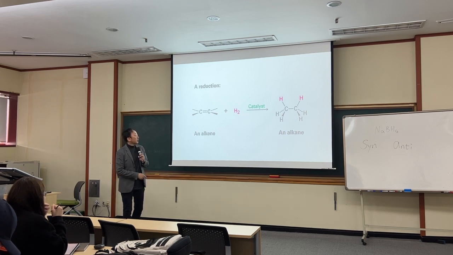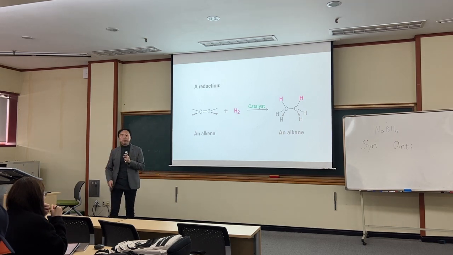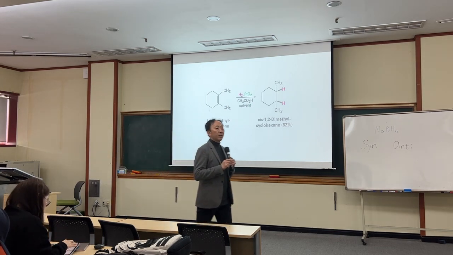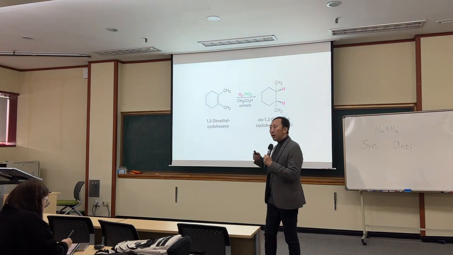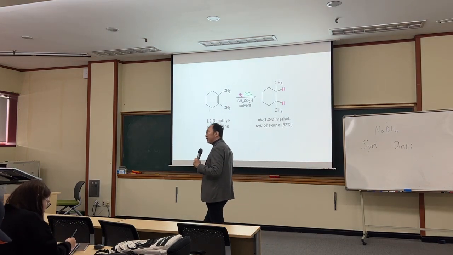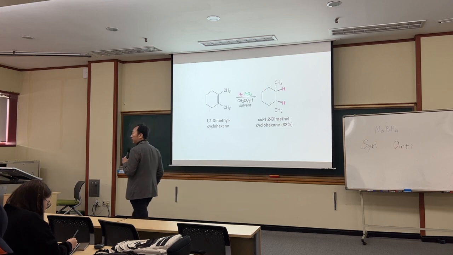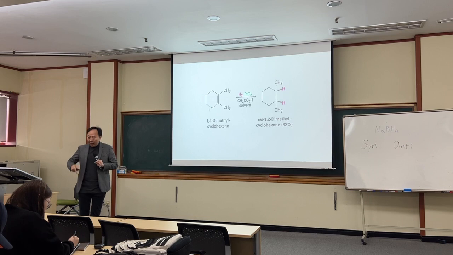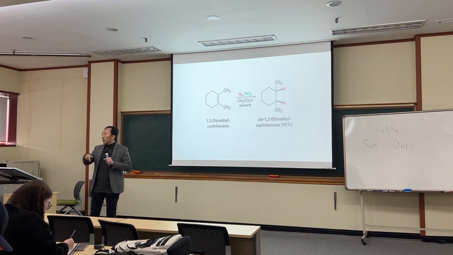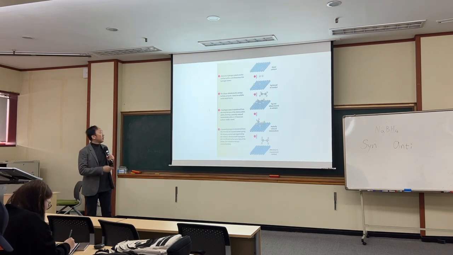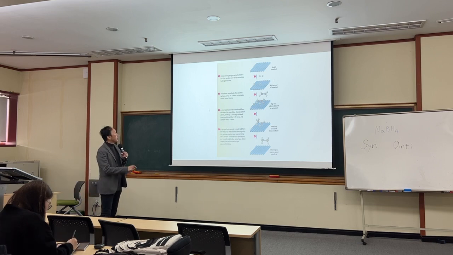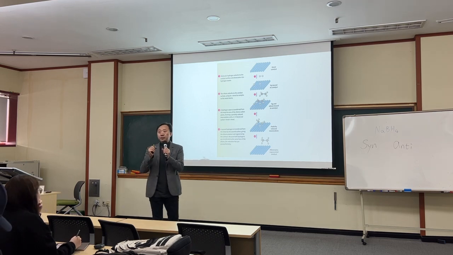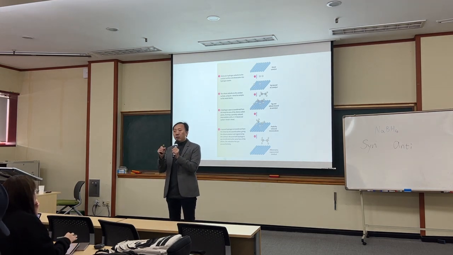Okay. This reaction, how can you do it? Utilizing a catalyst. What kind of catalyst? Usually metal catalyst. Platinum, palladium, and metal itself, or sometimes metal oxide. With this kind of metal, it seems like the hydrogens can be added in the same direction. Syn addition. Why syn addition? For the metal catalyst, we can assume a big surface. And the hydrogen-hydrogen bond is quite strong too.